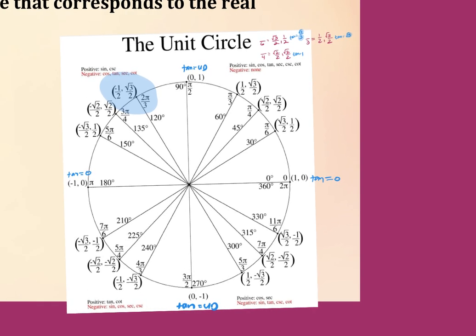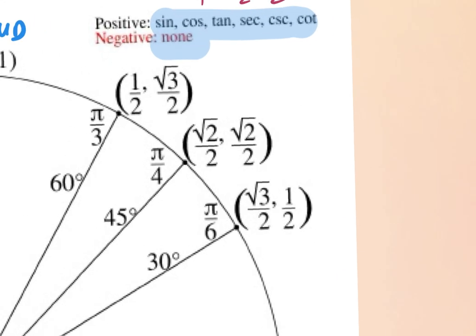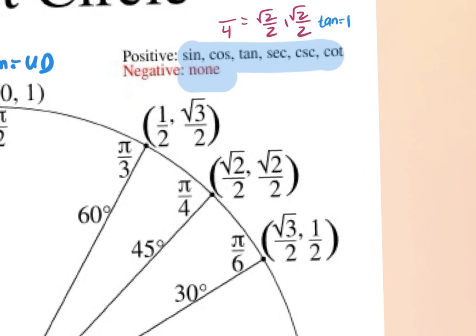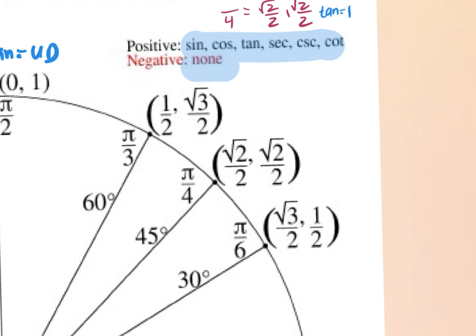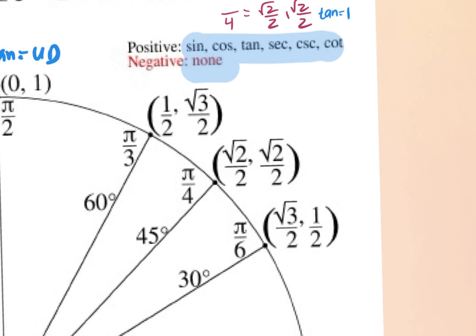And then notice these corners now, because everything is positive in the first quadrant, your sine, cosine, tangent, secant, cosecant, and cotangent would all be positive. So my tangent here would be positive root 3 over 3, 1, and root 3.